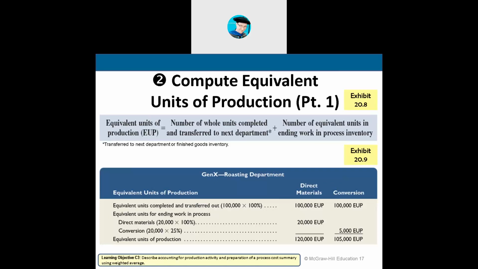We also find our conversion costs, 100% direct materials, 25% conversion. 25% of 20,000 equivalent unit production is 5,000 conversion cost, giving us total conversion cost of 105,000 units.